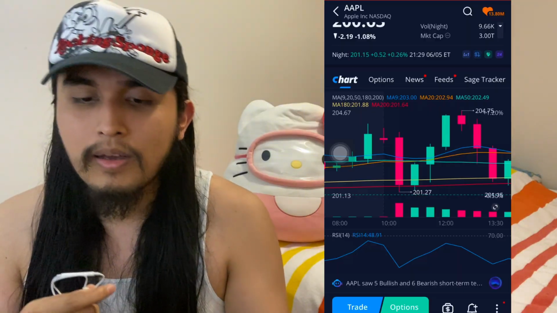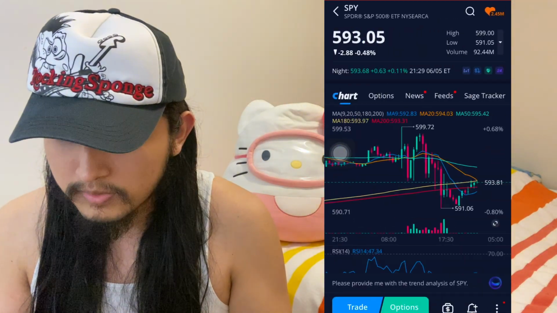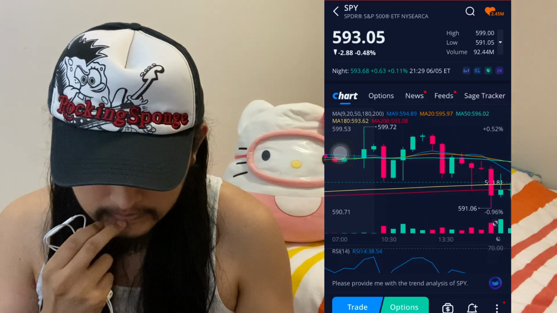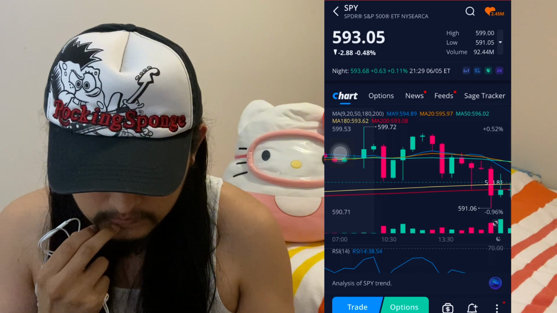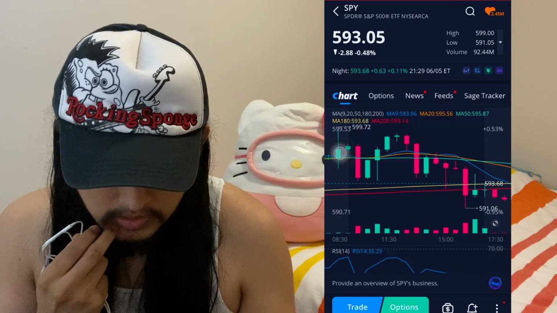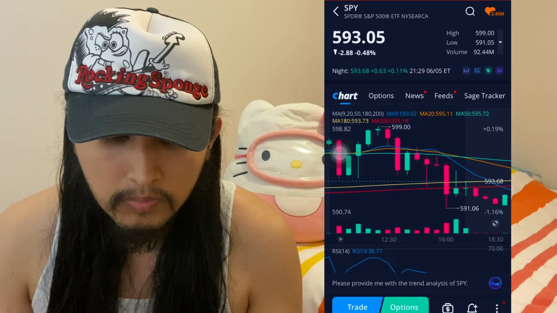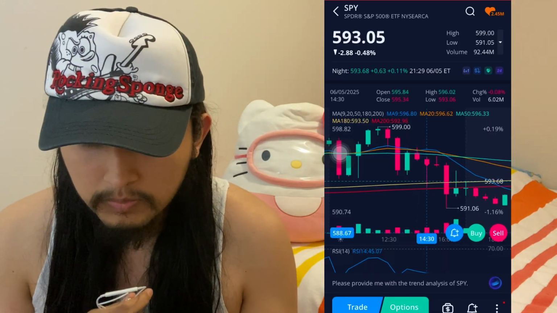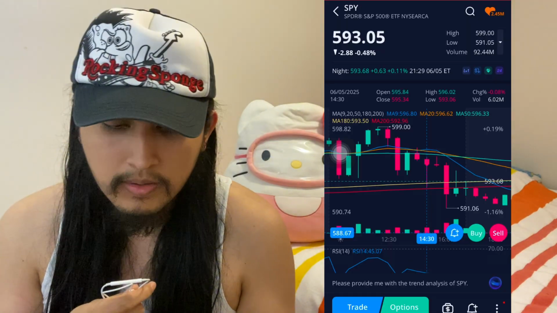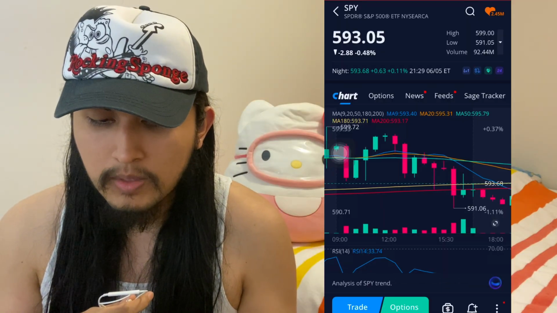Let's see if we can do a SPY example. Let's say you bought SPY call options as soon as it landed on the 180-day moving average, and you're patiently waiting for a bounce off the 180-day moving average.